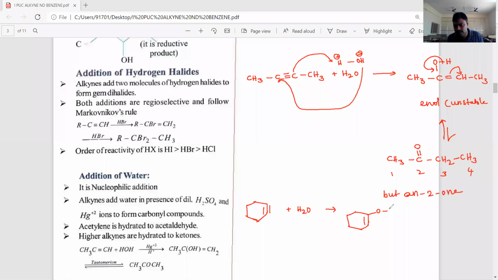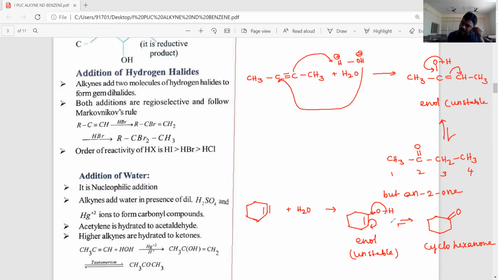This enol is unstable. Now this proton will be shifted, that is called keto-enol tautomerism. Then we get cyclohexanone. Cyclohexanone is the product.